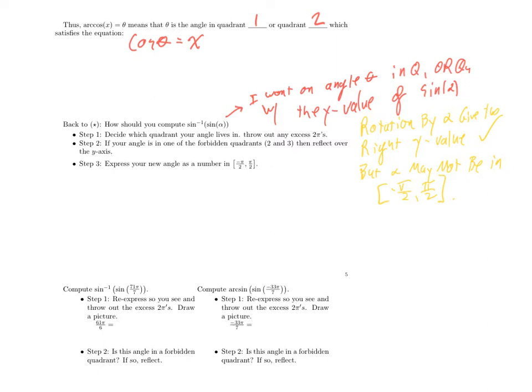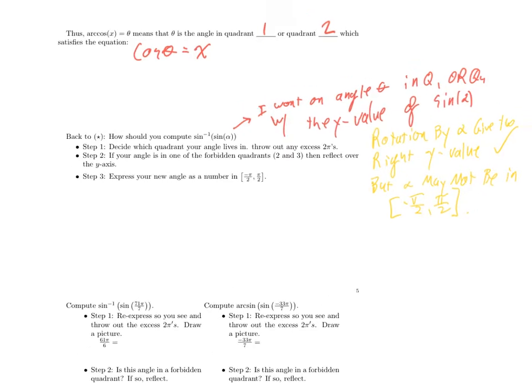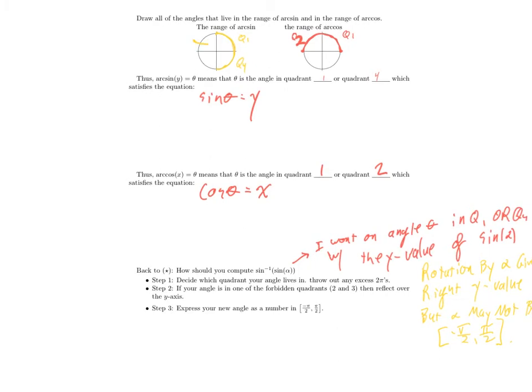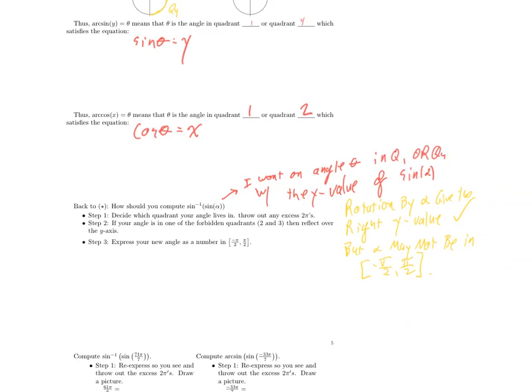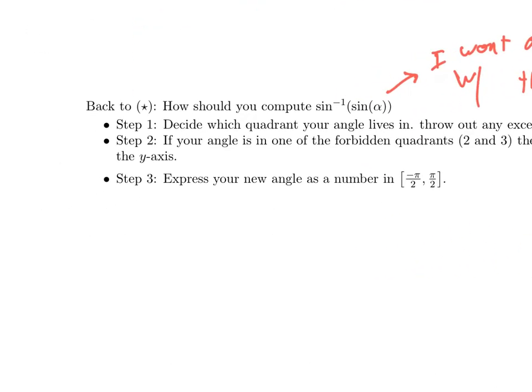So here's the plan. First, figure out what quadrant your angle lives in and throw out any excess 2 pi's. If your angle is in one of the forbidden quadrants, and in the case of sine, quadrant 2 is forbidden and quadrant 3 is forbidden, then reflect over the y-axis to get an angle that is good. What does reflection over the y-axis do?